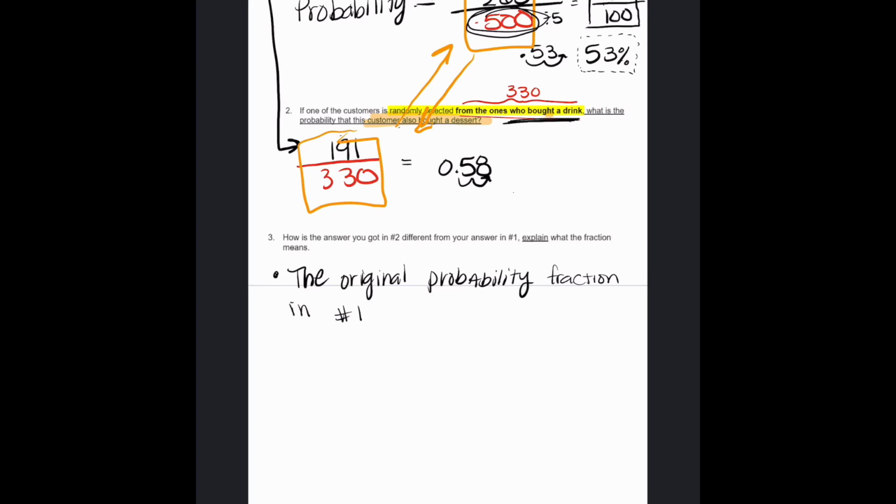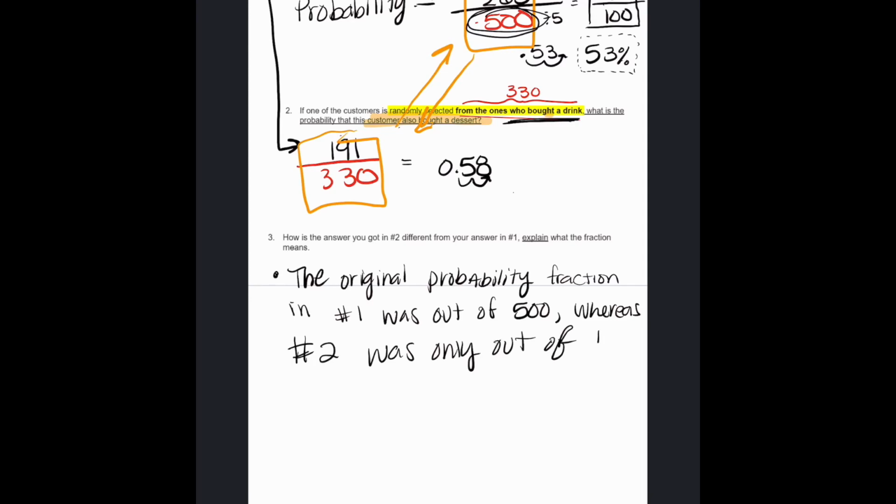The original probability fraction in number 1 was out of 500, whereas number 2 was only out of the ones who bought a drink.